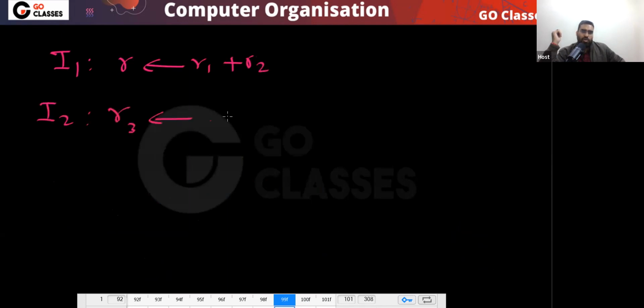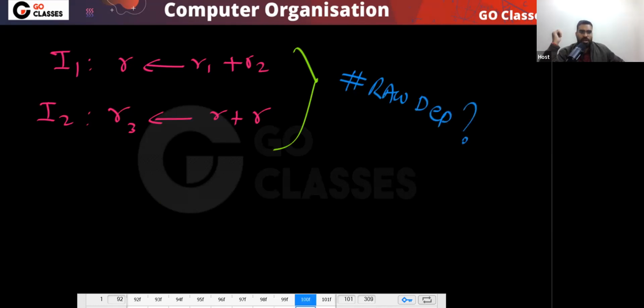Very simple. Okay, in this, how many RAW dependencies do we have? Let me give you instruction I1, where we are writing in register R, and then in instruction I2, let's assume you are doing R plus R. Now tell me how many RAW dependencies?